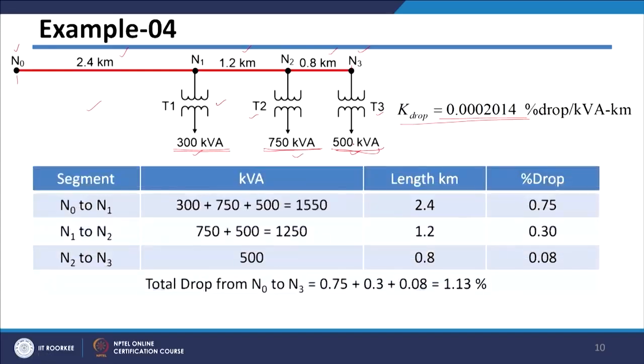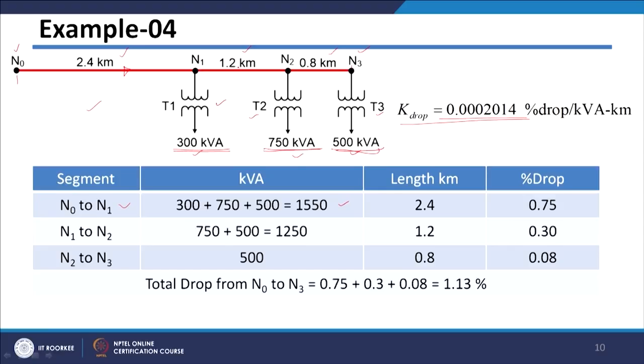This can be calculated as shown. For the different feeder sections, from N0 to N1 we can see that the whole load is flowing from N0 to N1. That is why the total load flowing in feeder section N0 to N1 will be the addition of all the 3 loads.